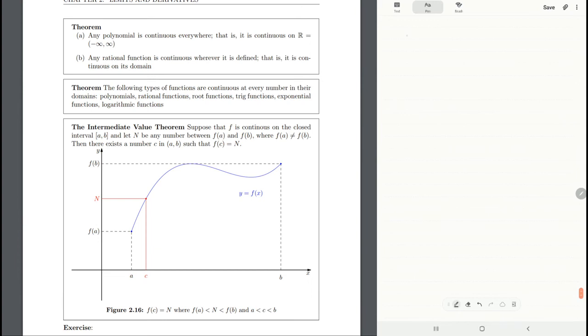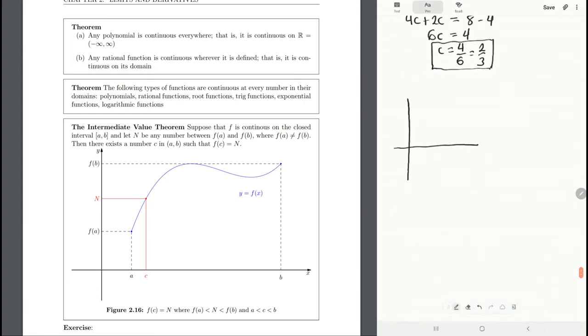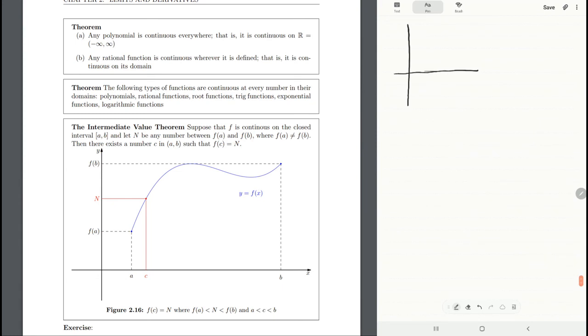Now let's suppose that we have a function and we know that at a, the function is positive. And then at b, suppose we know that the function is negative.